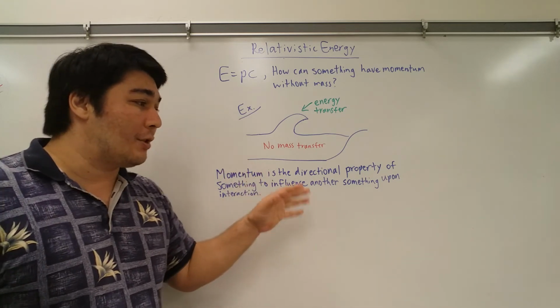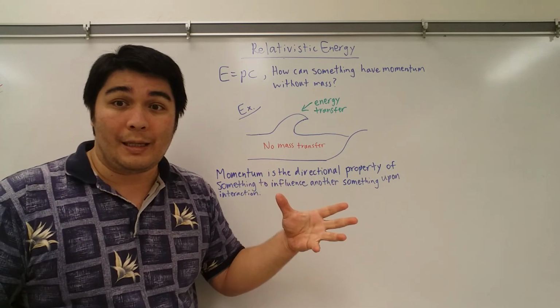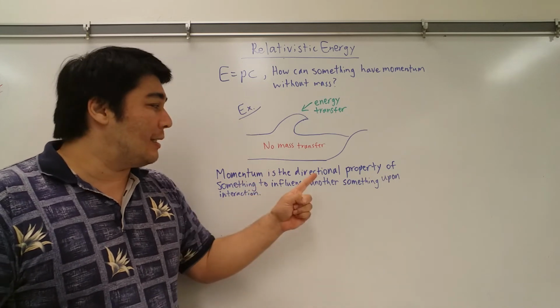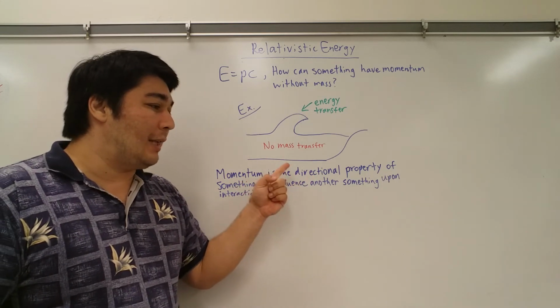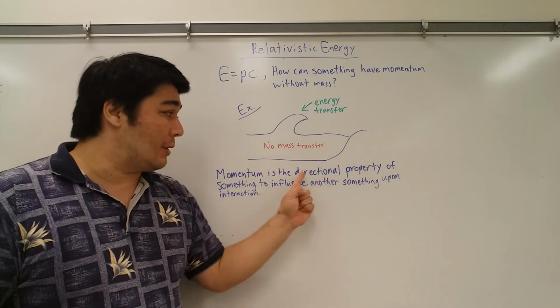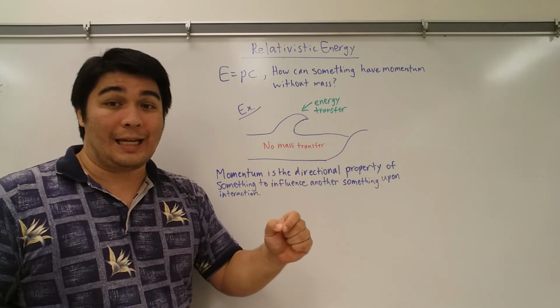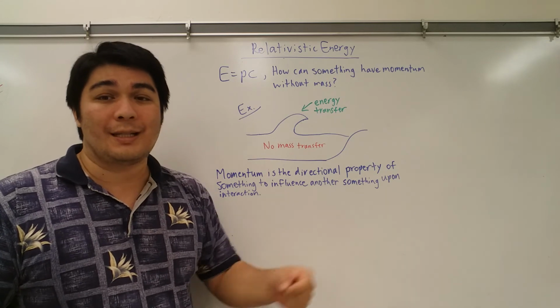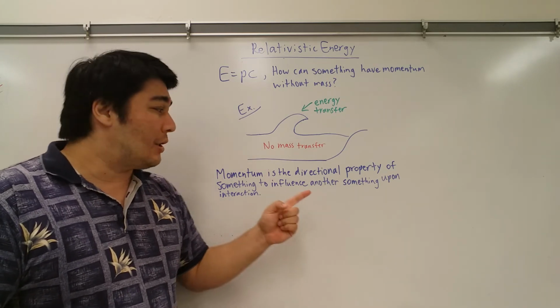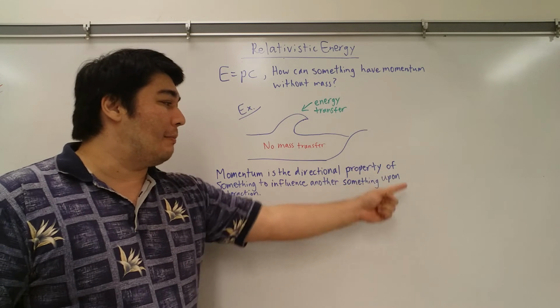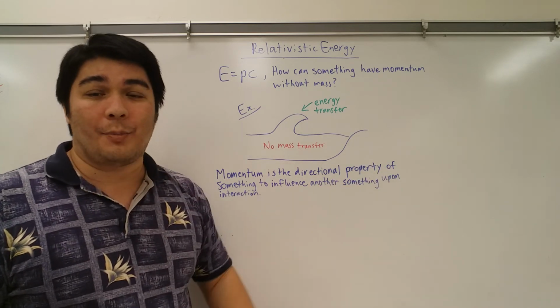Even though light has no mass, so you think maybe there's no momentum, there is momentum because the light is traveling in a direction, so it's got a directional property, and there is an ability for light to influence something else because it's carrying energy with it. So that means that light, therefore, must have momentum.